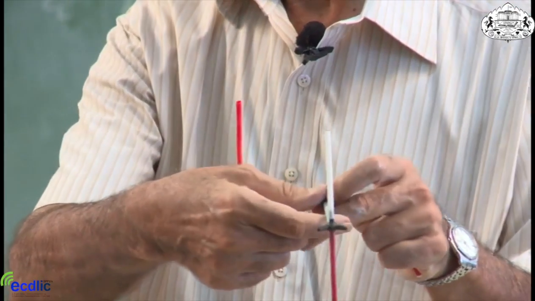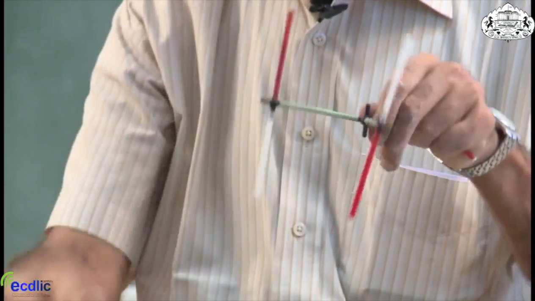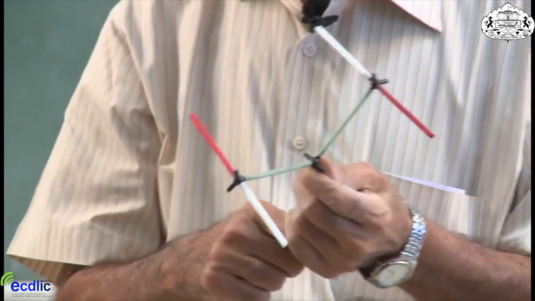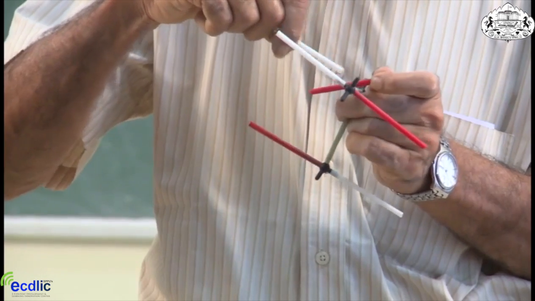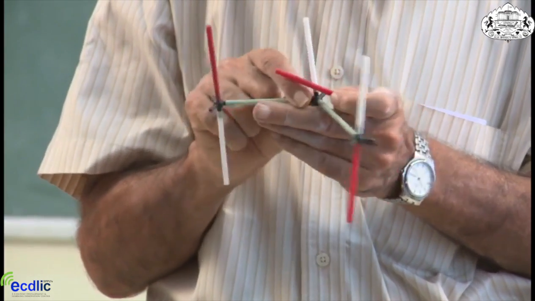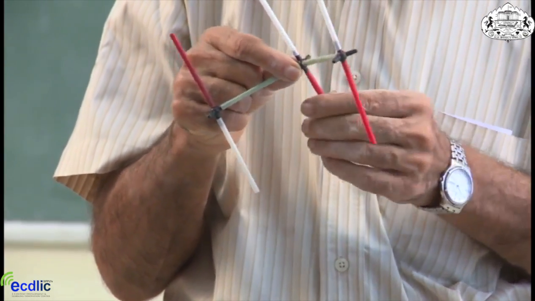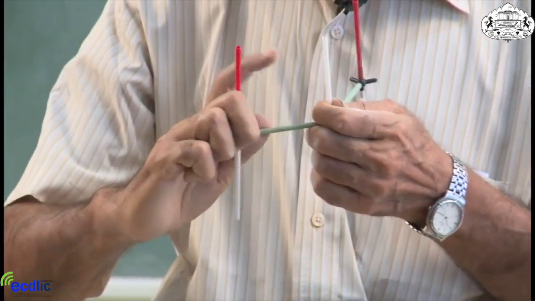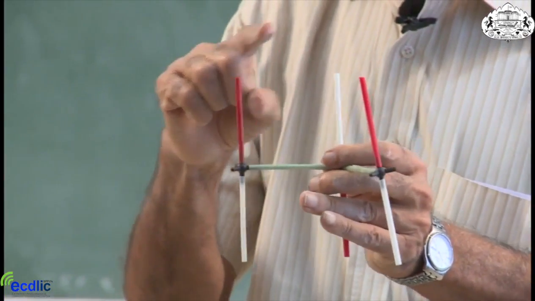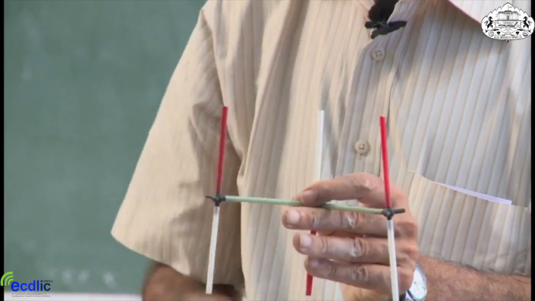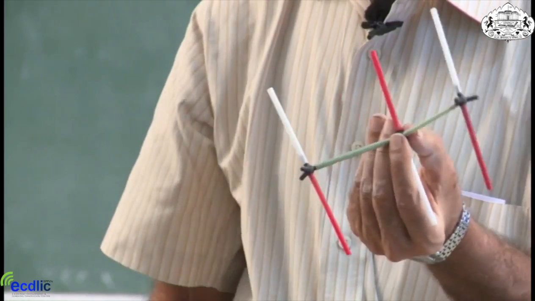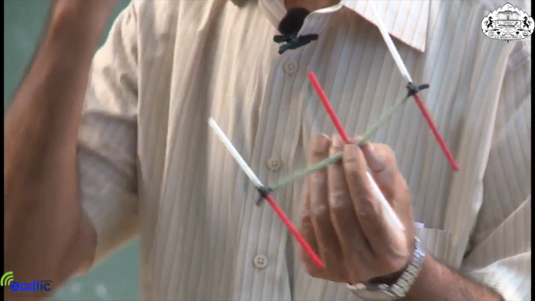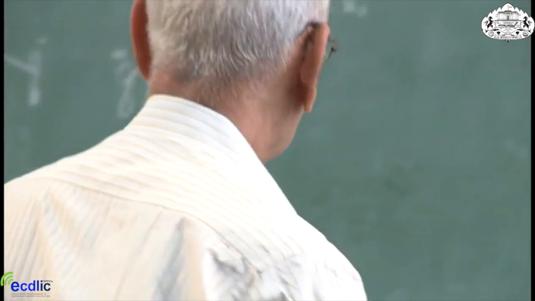Mirror plane anti-symmetric, C2 symmetric. Plus, minus, plus. Mirror plane symmetric, C2 anti-symmetric.